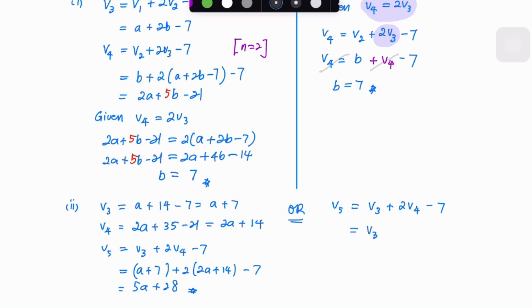So V3 plus 2 times V4, and V4 over here is 2V3 minus 7. So this one will be 5V3 minus 7, and then you can continue to get 5A plus 28. So the idea is like that. You can do that also.